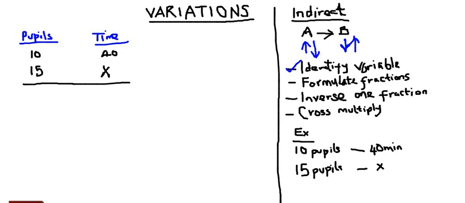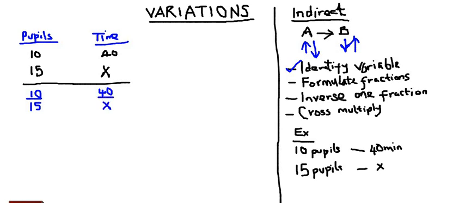Then we formulate the fractions. So we have 10 over 15 as a ratio of the pupils, and we have the other fraction, which is 40 over a quantity that we are yet to determine.